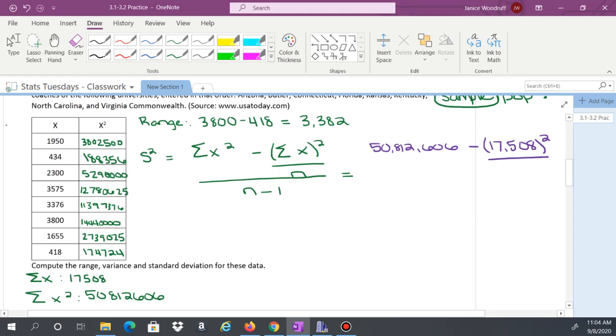Remember, it's the final 8. So your n is 8. And then that's going to be over n minus 1. So 8 minus 1. So we have the formula plugged in.